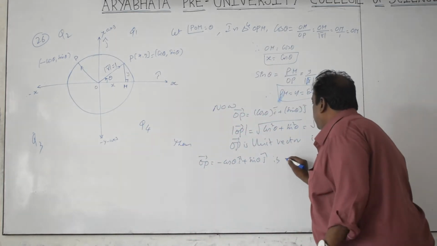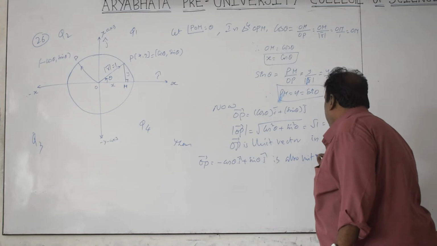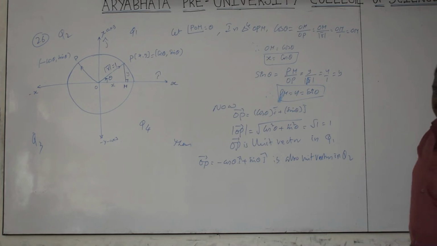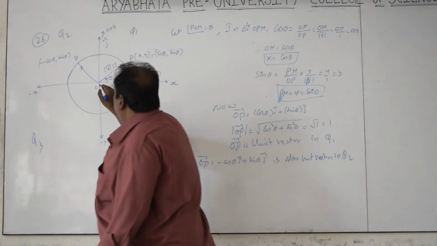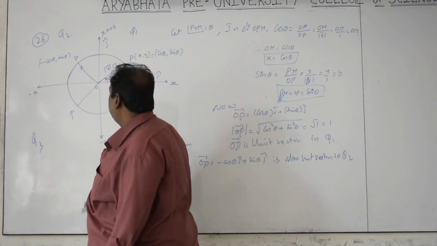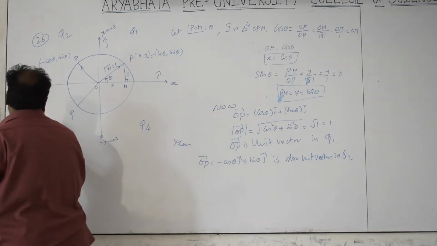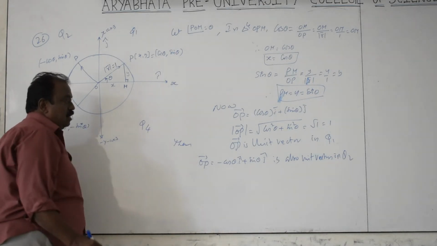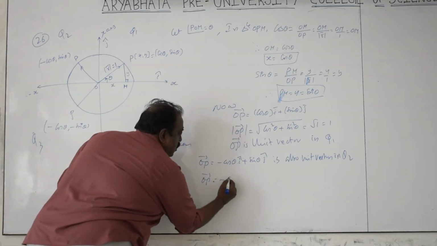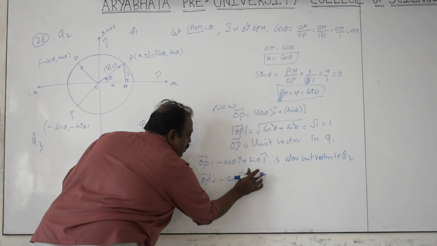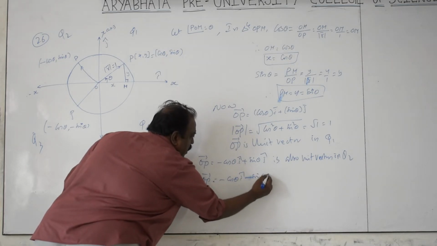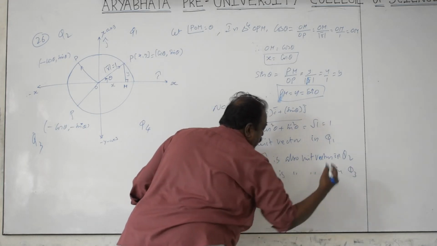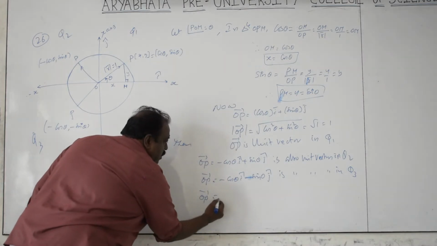It is also a unit vector in Q2. Now it is in the third quadrant: minus cos theta, minus sin theta. So minus cos theta I cap minus sin theta j cap is also a unit vector in Q3.